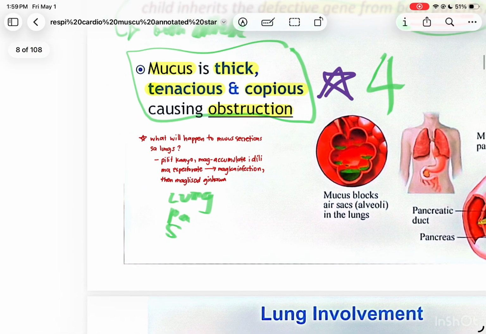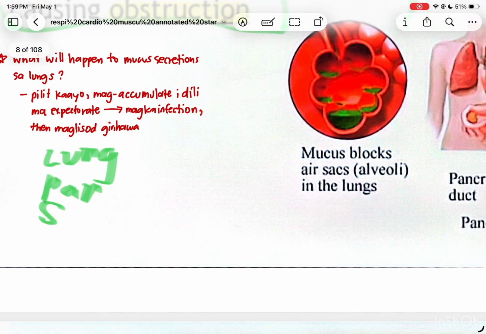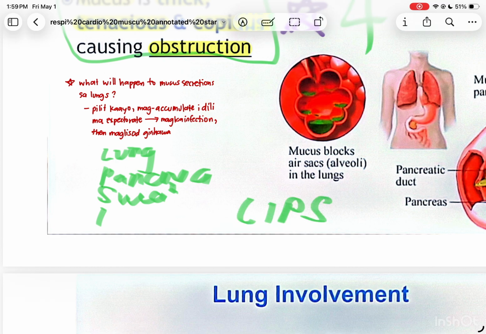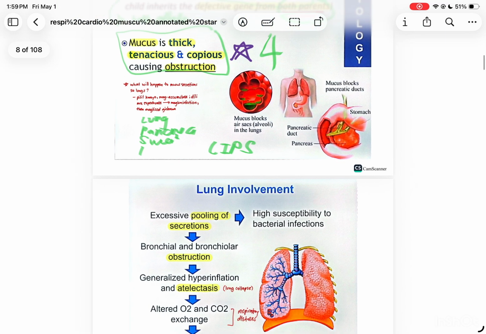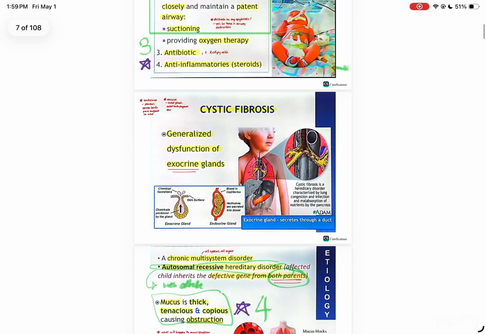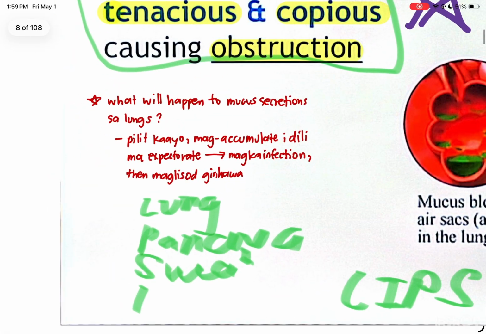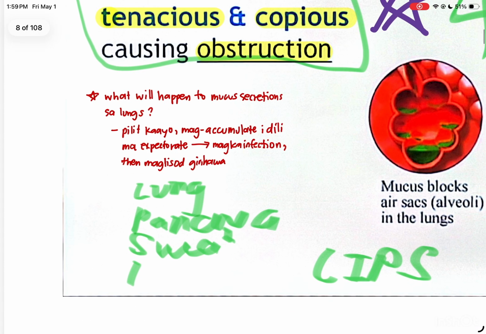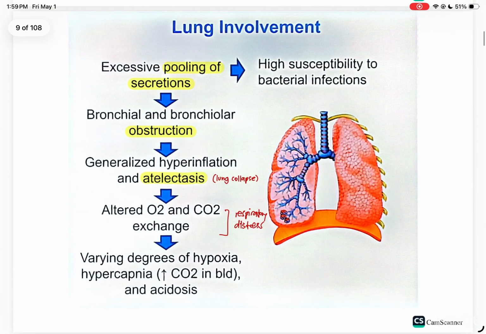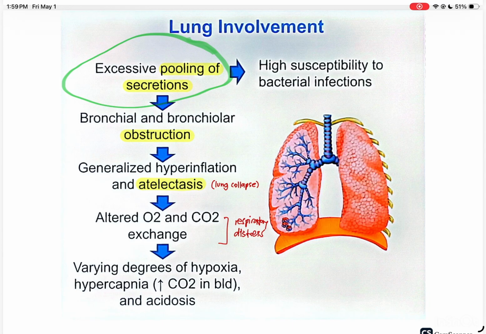Cystic fibrosis mainly affects four organs: the lungs, the pancreas, the sweat glands, and the intestines. Lung involvement: what will happen to mucus secretions in the lungs? They accumulate and cannot be expectorated. If they cannot be expectorated, infection develops, and then the child has difficulty breathing.